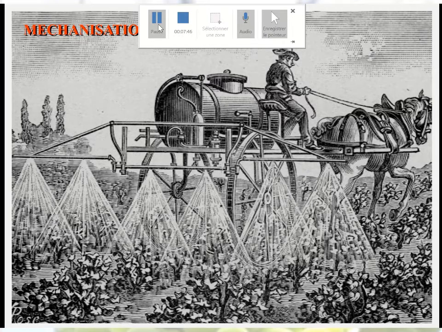It's not about quality. It's because in those regions like Champagne and Burgundy, people were used to high density, so when they started mechanization, they had to organize vines in rows, and then they put a high number of vines per hectare, at least 10 to 15,000 in those days.